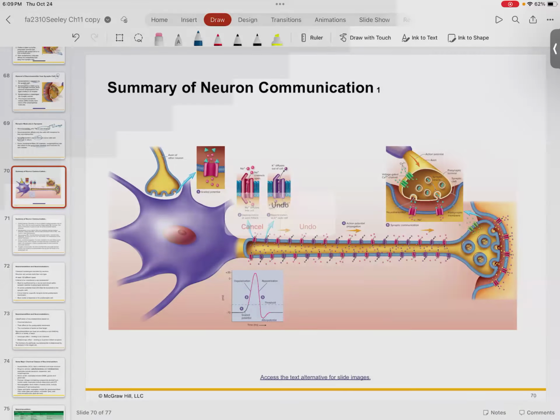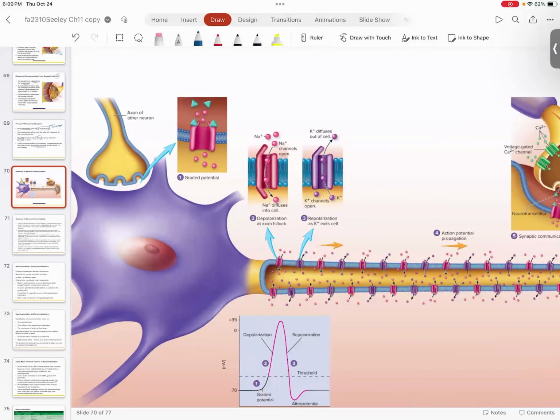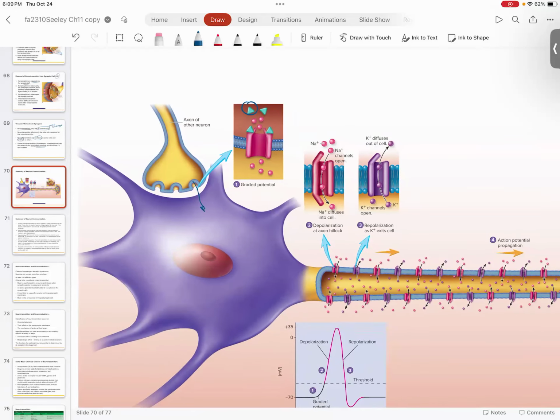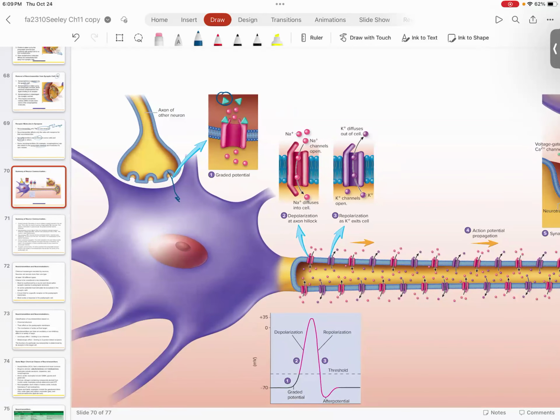So here basically you can see a neuron to neuron junction where you have a neurotransmitter that will open up a ligand gate that allows a graded potential to come into the cell body. This creates a depolarization event as the sodium rushes in, stage 2. That creates your depolarization.